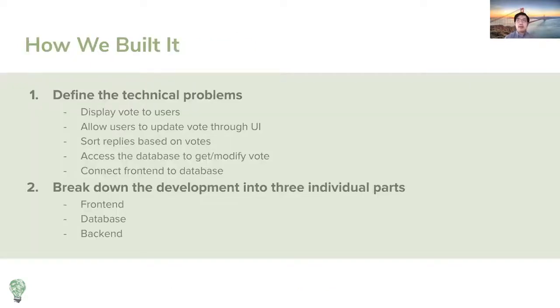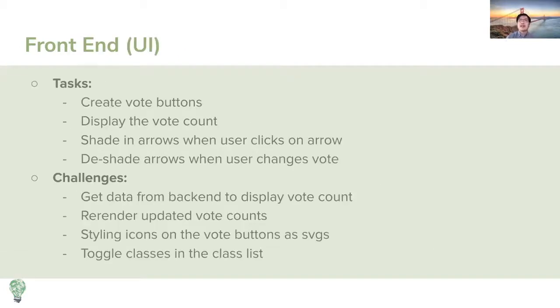How we built this, ultimately, we came to divide our development into 3 different parts. So the front end side, the database, and the back end. Starting with the front end UI by Nien and Yikit. Their main role was creating the vote buttons that you saw for each of the replies, displaying the correct vote count, and then shading and deshading in the arrows whenever a user voted or if they changed their vote.